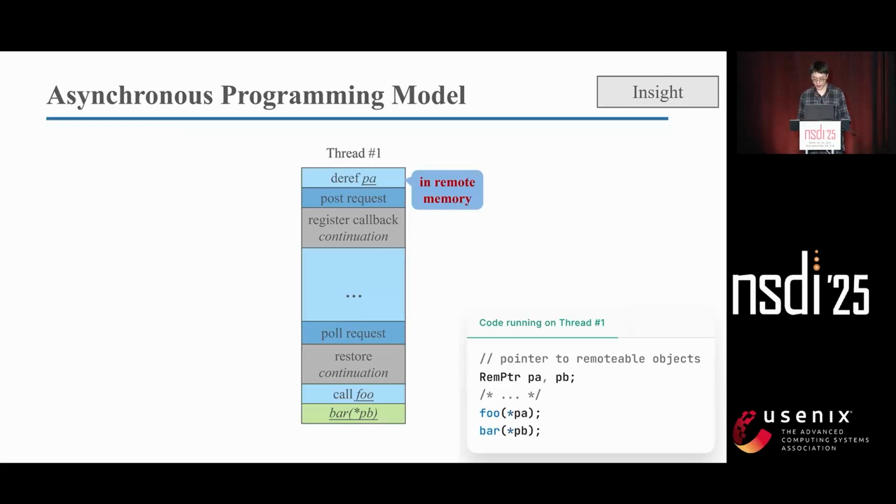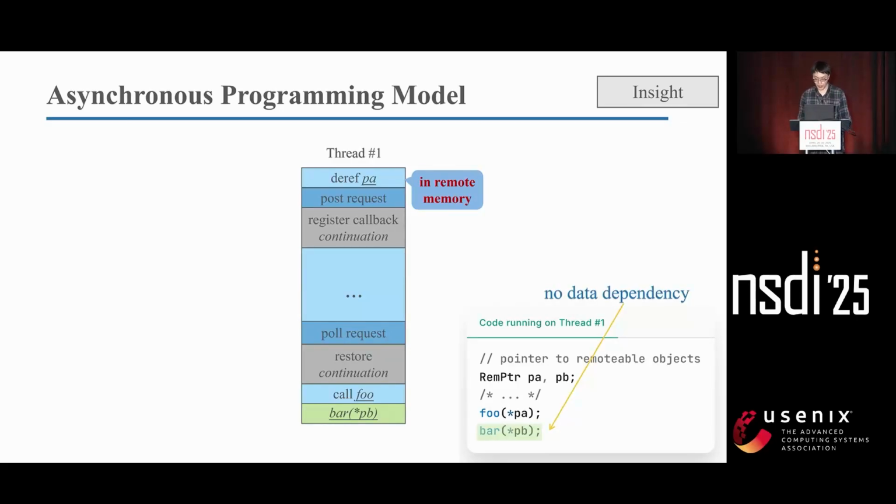Consider the code on the right. Two objects in remote memory are referenced by two remotable pointers, PA and PB. We need to dereference the two pointers and perform calculation with functions foo and bar. After dereferencing pointer PA, we need to wait for the network response.